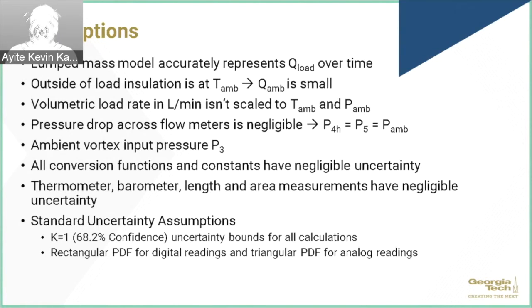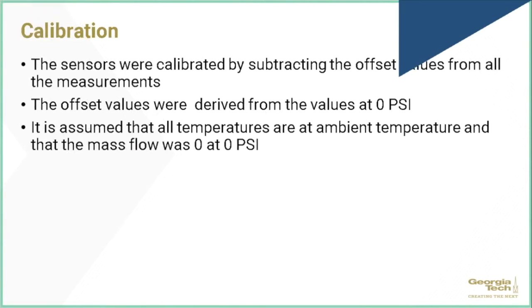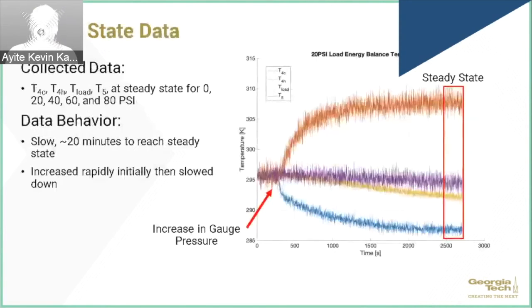Since we are using K equal to 1, we are 62.3% sure that the steady state value falls within the applicable range. Because we do not have perfect sensors, we calibrate the different sensors to account for their offset when we want to determine the relationship between the input pressure P3 and the different parameters such as the temperature and the mass flow rate.